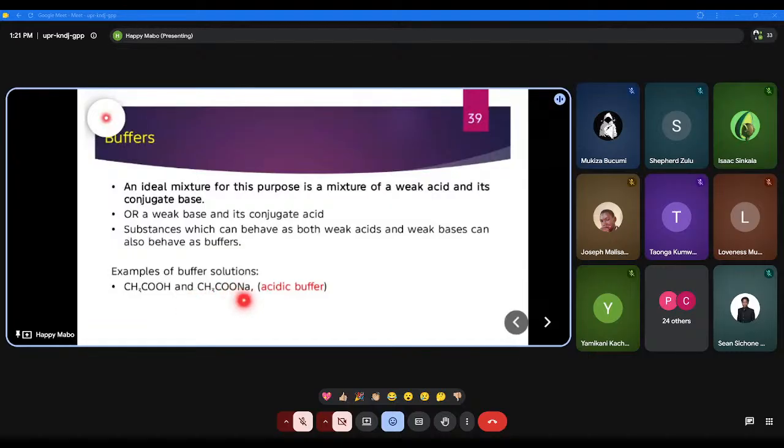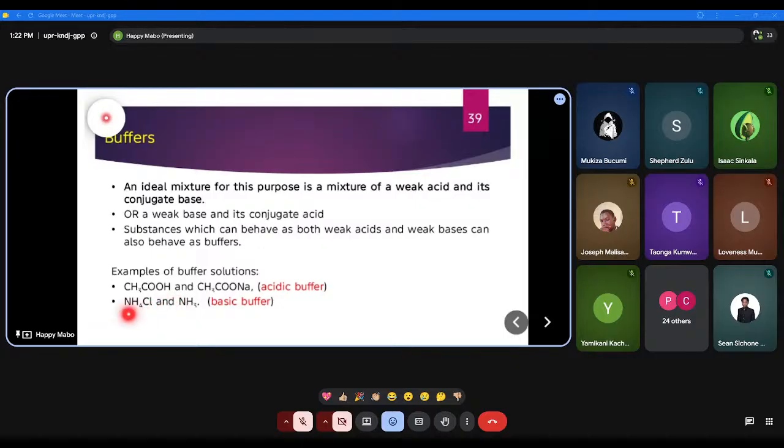The solution itself is acidic in a way, but it will be able to perform the functions of a buffer, whether we bring in an acid or a base. So, acetic acid and its conjugate base, sodium acetate. You can create a buffer that is basic in nature, but it will perform its functions perfectly well as a buffer.